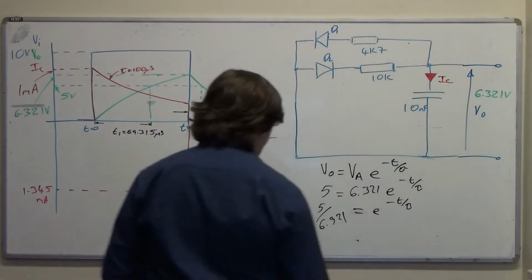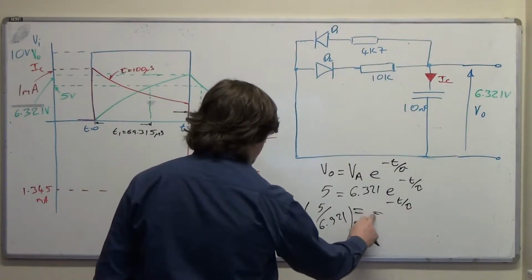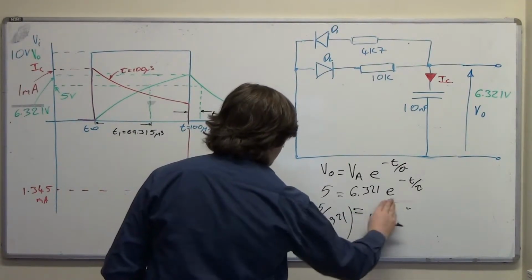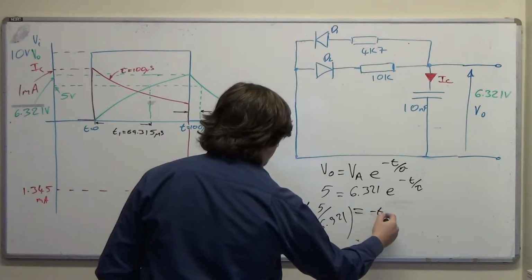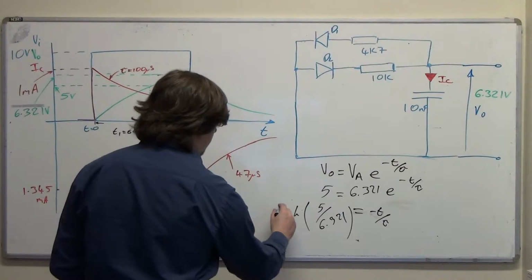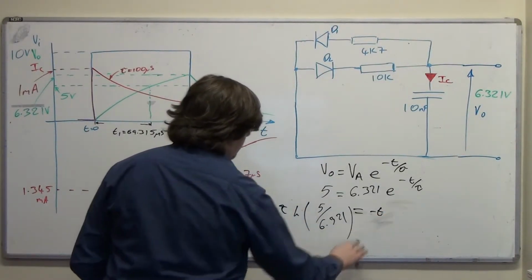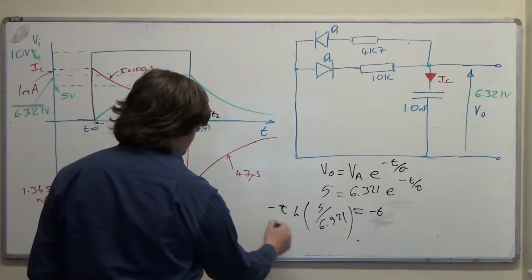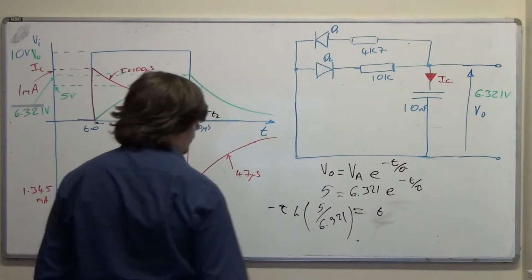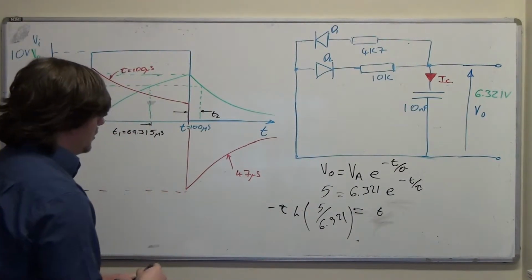If we take logs of both sides, we get ln of that is minus t over tau. If we multiply both sides by tau, that tau will go away. And then we'll multiply both sides by minus 1 and get rid of the minus sign. So this tau is the 47 microseconds.